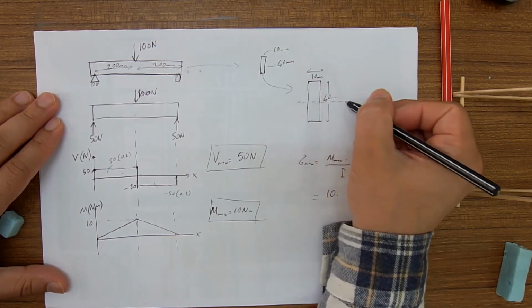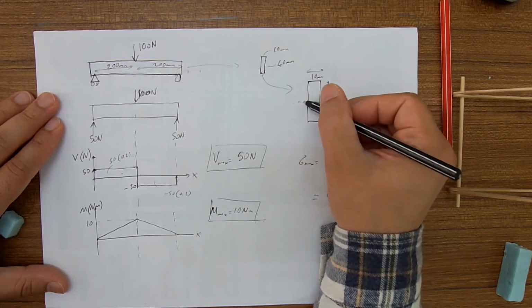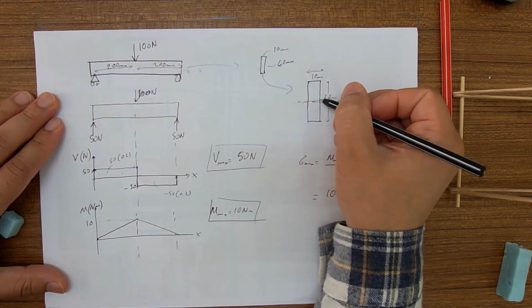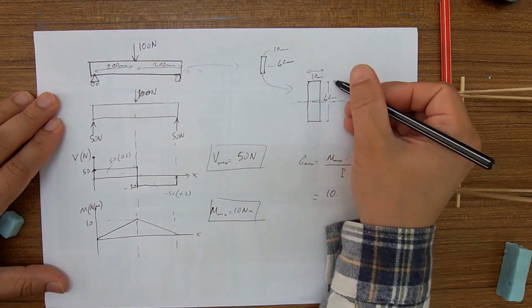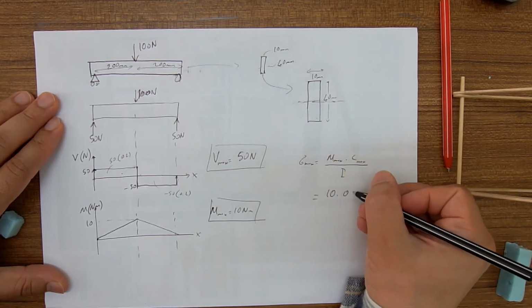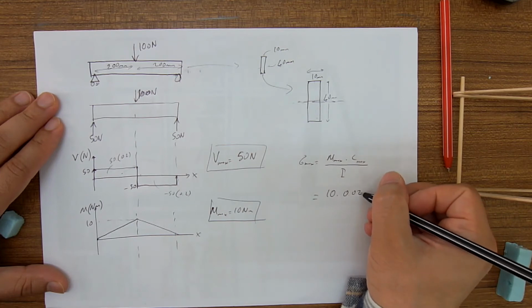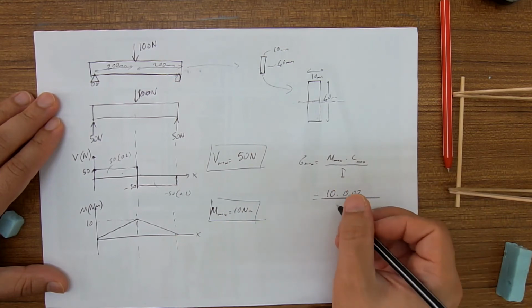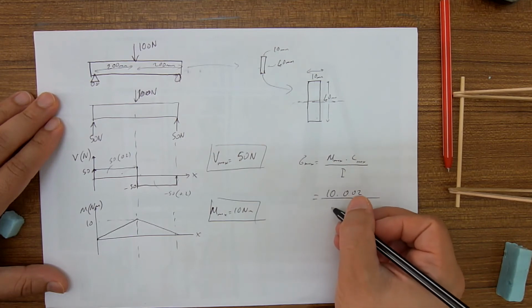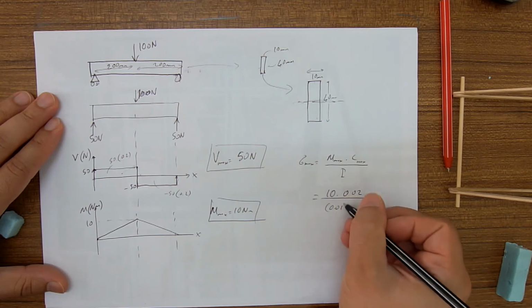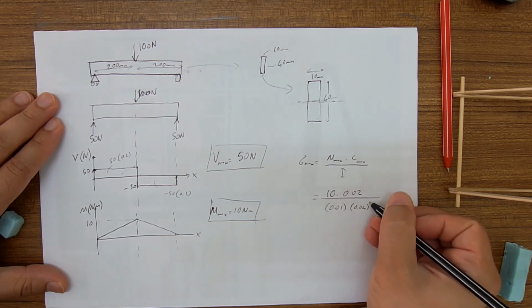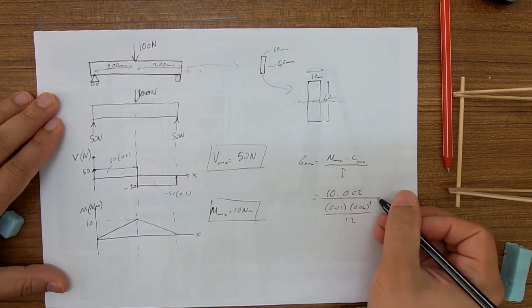So the neutral axis is at the mid of the rectangle. So the C max is 20 millimeters, that is 0.02 meters, divided by I, which is B is 0.01, H is 0.04 cubed over 12.